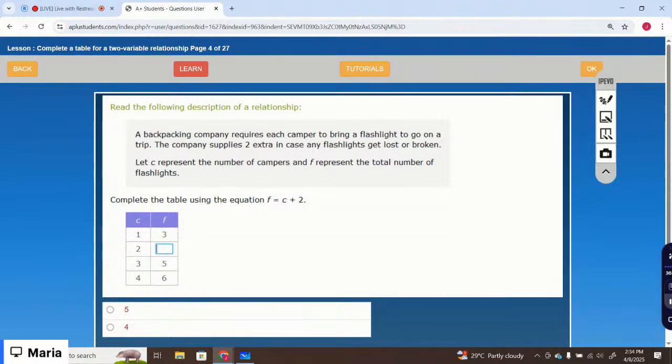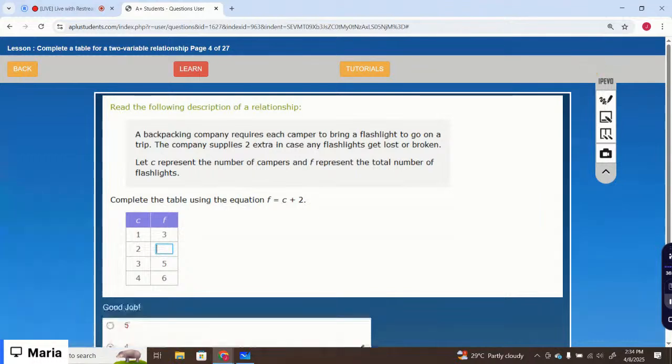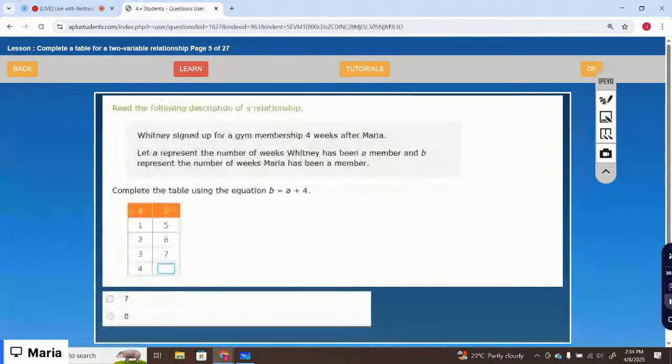Complete the table using the equation F equals C plus 2. So which is the correct option? Option number 2 is the correct option. That is 4. Complete the table using the equation B equals A plus 4.